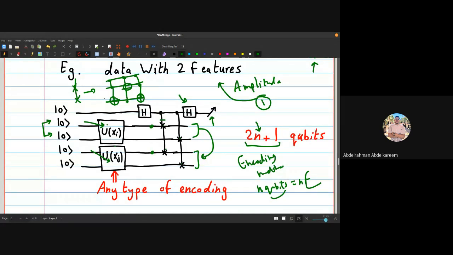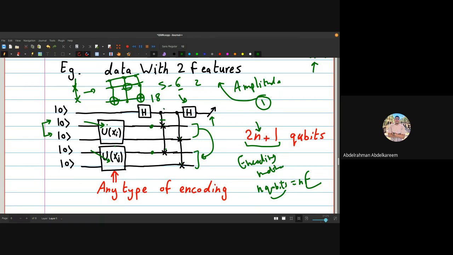If you decompose one Toffoli gate, it uses 5 to 6 two-qubit gates, which are CNOTs, and other one-qubit gates. So let's say one Toffoli gate uses 6 CNOTs.